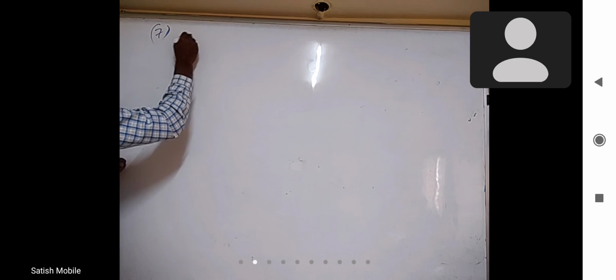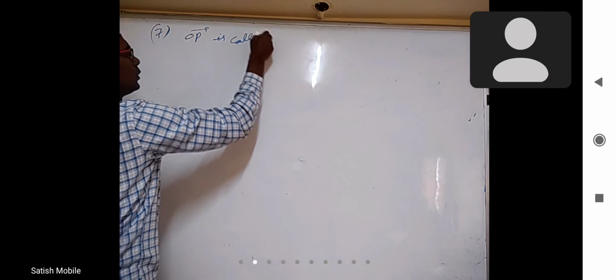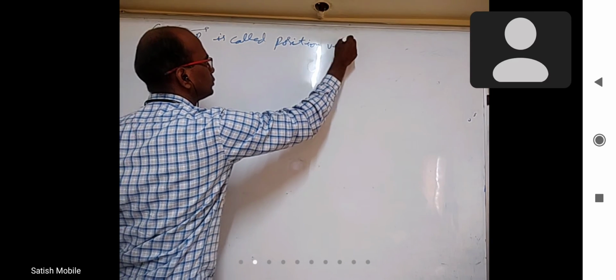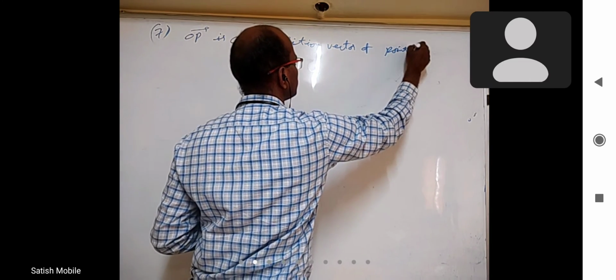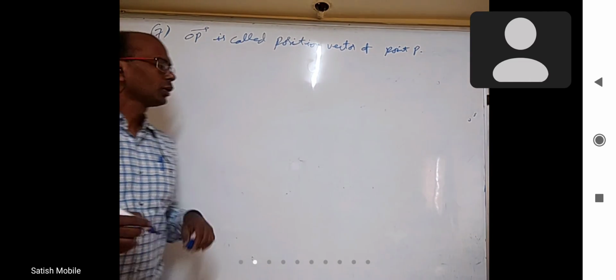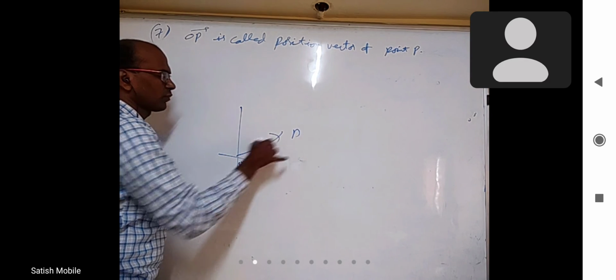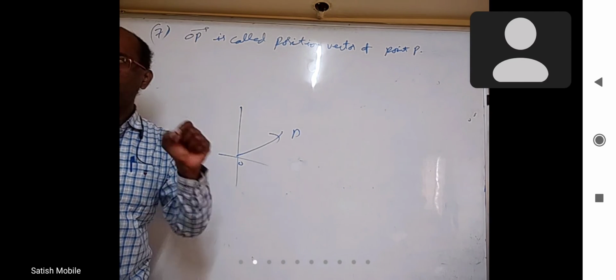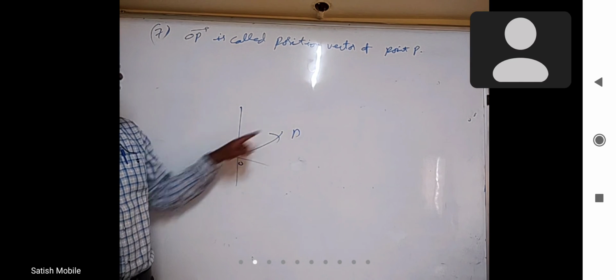Okay. OP bar is called the position vector of point P. Okay. You take any point in the space, join to origin, you will get one vector now. Okay. OP bar, because the point cannot be represented as a vector, we are joining to origin. From origin to P, there is a vector.